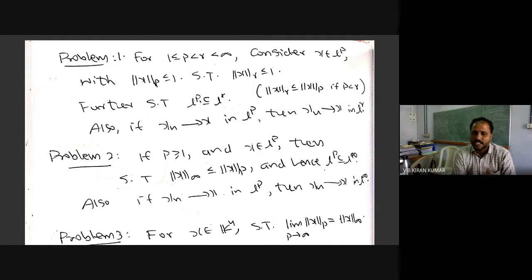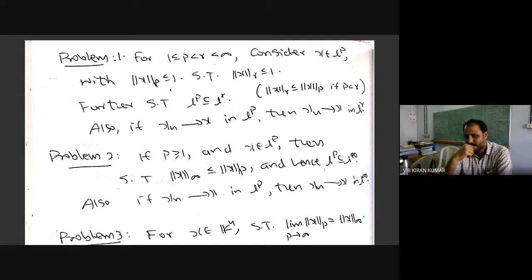Therefore, each |x_j|^p will be less than or equal to 1. Do you agree with that? Summation |x_j|^p is at most 1, therefore each |x_j|^p will be at most 1, right? Yes, sir. So each term has |x_j|^p less than or equal to 1. Therefore, |x_j| will be less than or equal to 1.